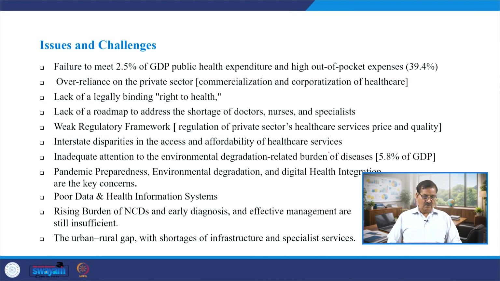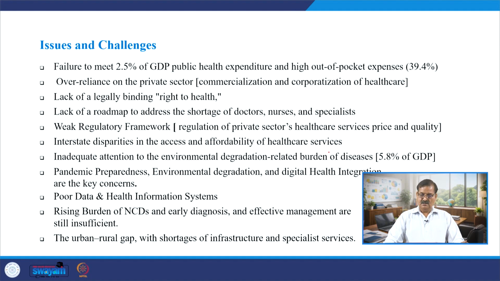Let me now identify a few challenges before the policy. Some issues are very important. First is the failure to meet 2.5% of GDP public expenditure and high out-of-pocket expenditure. So this is one important issue. Although the National Health Policy 2000 set the target of raising public expenditure on health to 2.5%, it has not yet been reached.